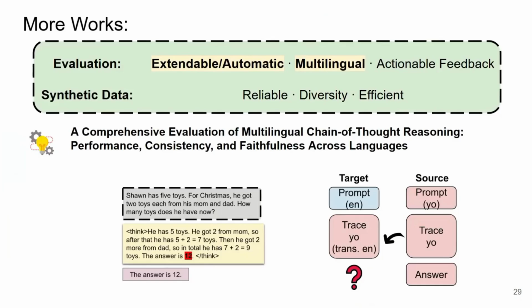And I also check the language compliance of the models, because sometimes when you ask in German, the model still writes in English, and I also analyze this kind of phenomenon. I also check the consistency of the models when answering in different languages. And I also introduce some error injections in the thinking trees and force the model to directly give the answer, to check the model's faithfulness to the thinking trees.